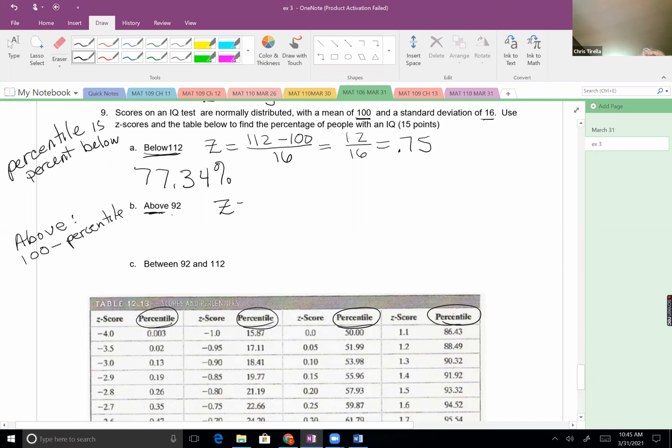The z-score is the data value, here that's 92, minus the mean, which we know is 100, over the standard deviation, which we know is 16. So that gives me negative 8 over 16, which is negative 0.5. On the table, that would be negative 0.50.